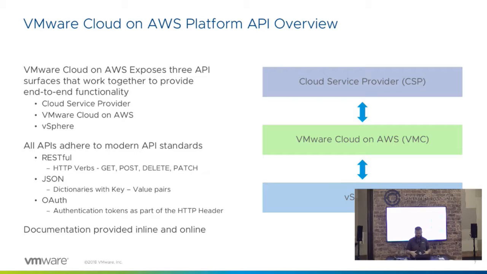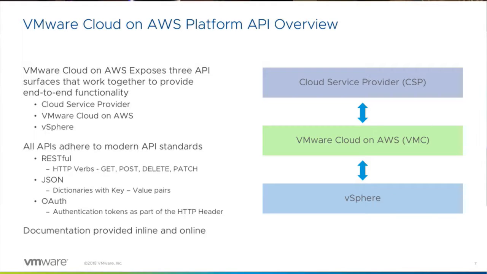And then since underneath the covers VMware Cloud on AWS is vSphere, you also have access to all of the vSphere APIs as well. The important thing to note, especially if you are aware of some of VMware's history with our APIs, is that all of these that I've talked about so far are REST-based. So no worries about having to use SOAP for anything whatsoever.